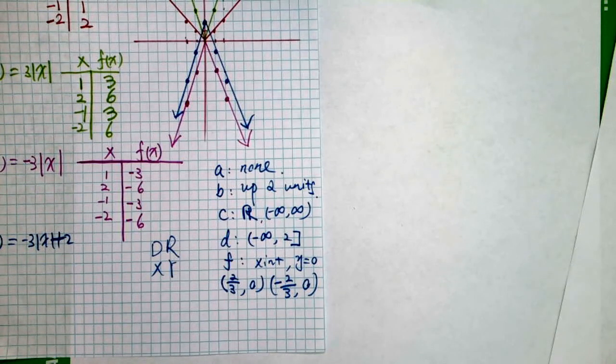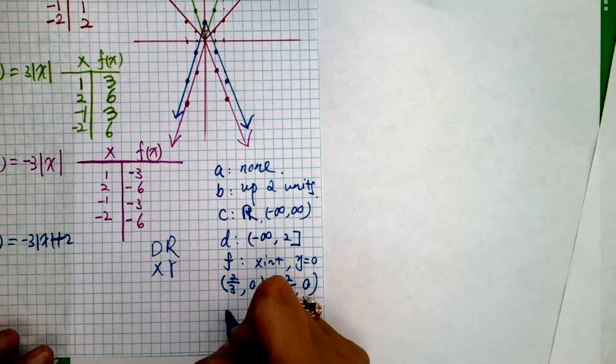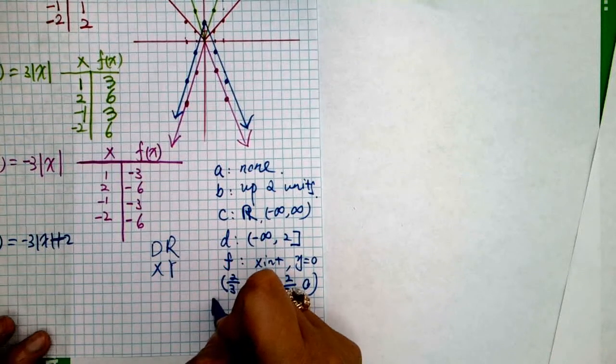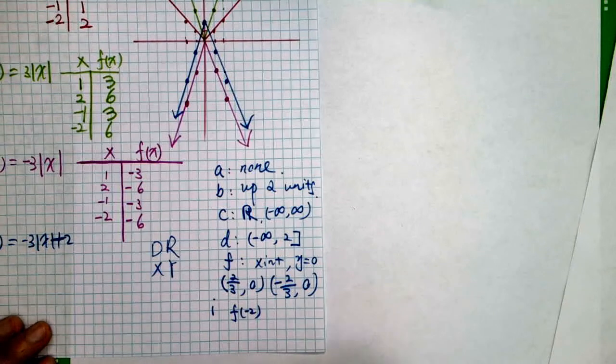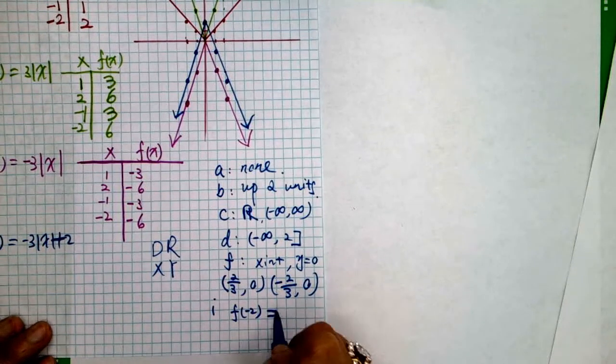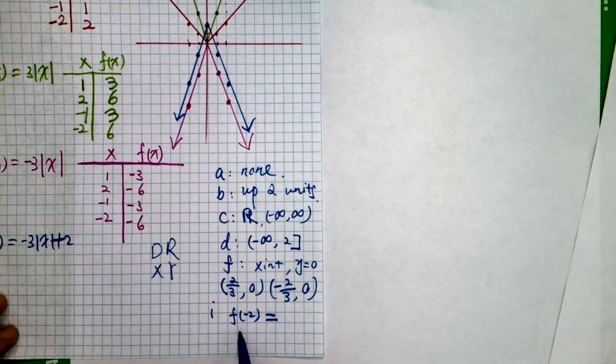And the last one will be question I. Question I is asking, can you find f of negative 2? This means every single time we see x, we would like to replace that x with negative 2.